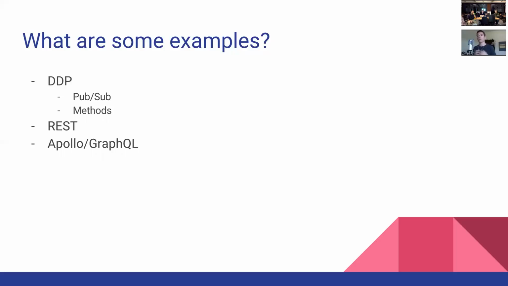That works over WebSockets. The spec was written for it by the Meteor Development Group for the purposes of Meteor. And within DDP, we've got 2 different ways you can pass data back and forth: the publish subscribe method, pub sub, and then also Meteor methods, or just methods over DDP.